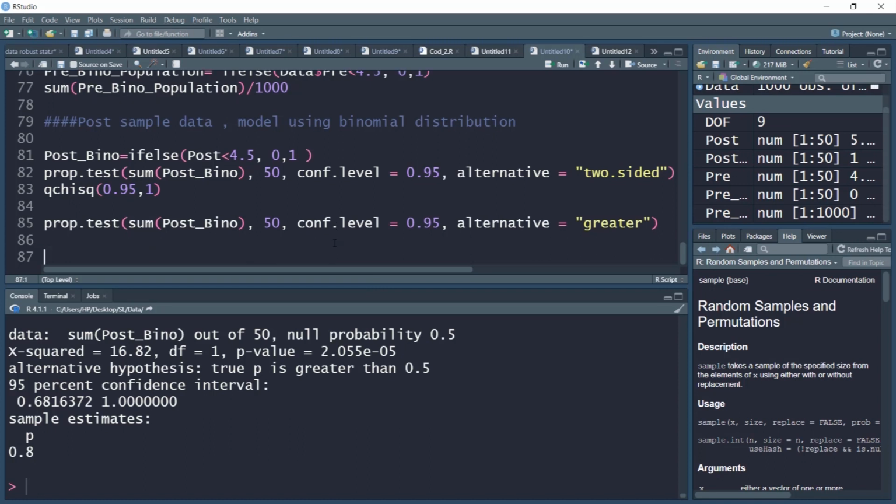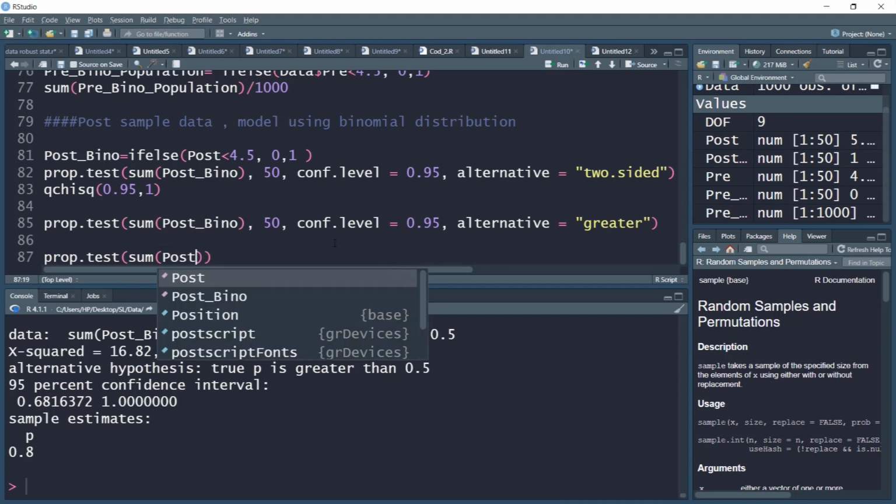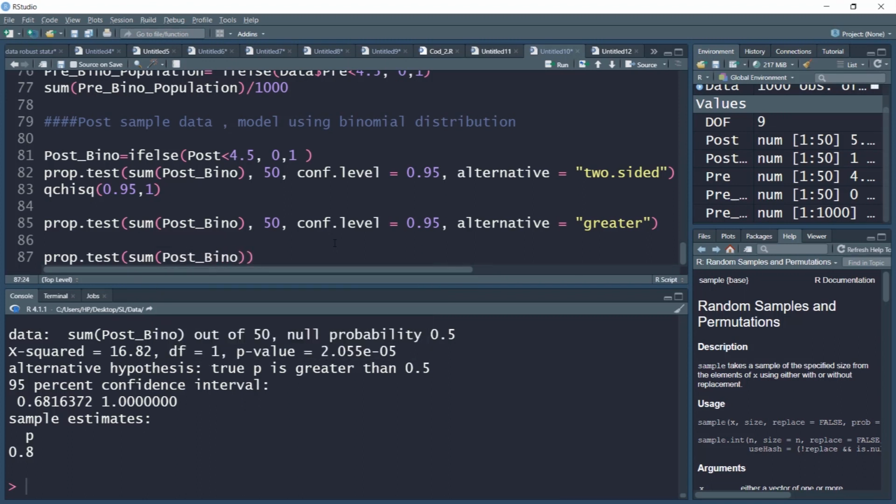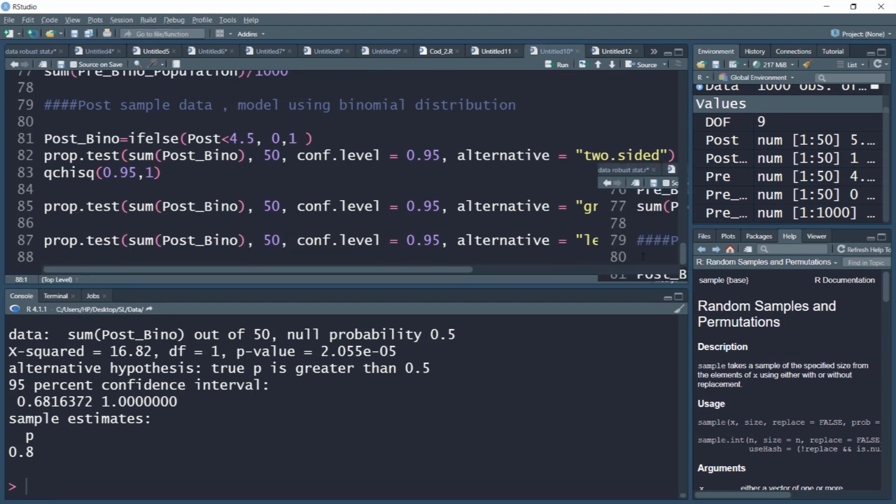We can also conduct the opposite hypothesis, although it will be spurious because we have already seen that the probability of having an individual with a score of 1 is much higher, but still we'll conduct it. Same arguments: sample size 50, confidence level 95%, and alternative is less, which means that identifying an individual with a score of 1 has less than 50% probability than finding an individual with a score of 0.